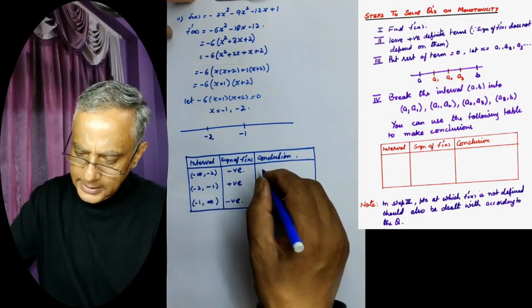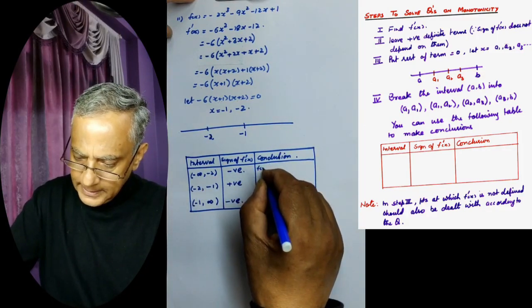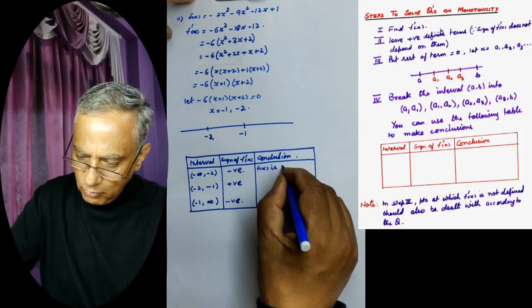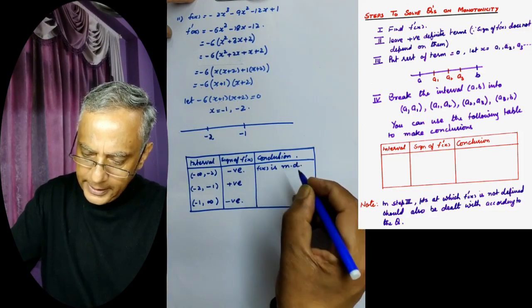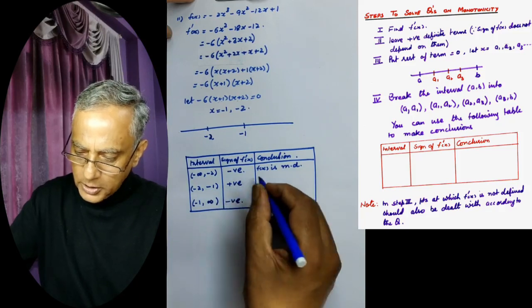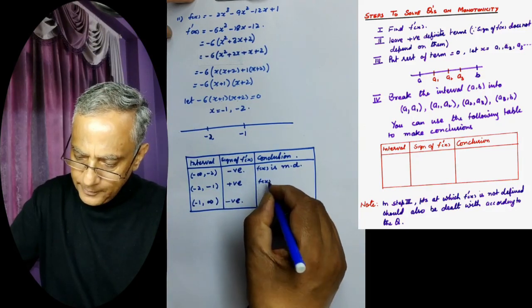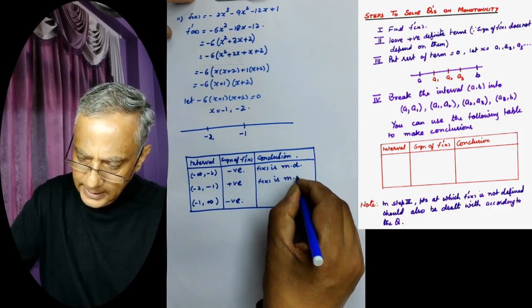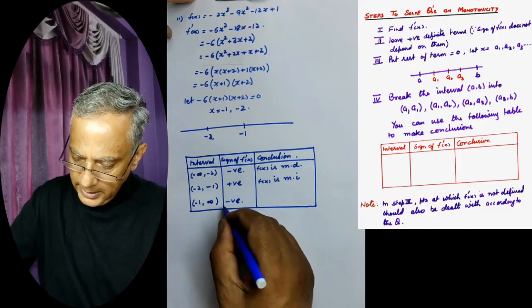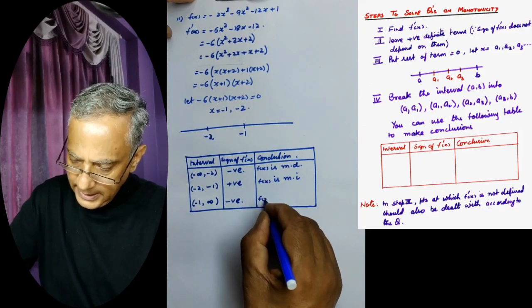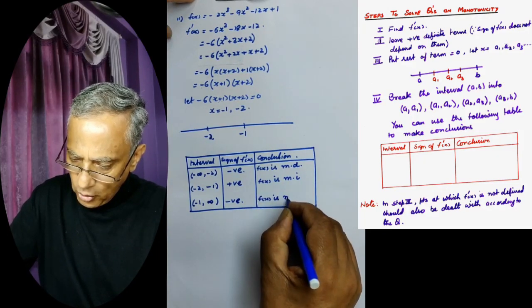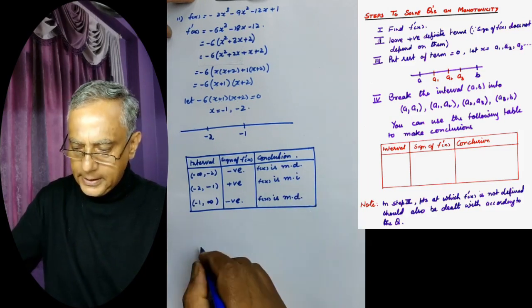So the conclusion is f(x) is monotonically decreasing in the first interval. It is positive, therefore f(x) is monotonically increasing in the second interval. It is negative, so we say f(x) is monotonically decreasing in the third interval.